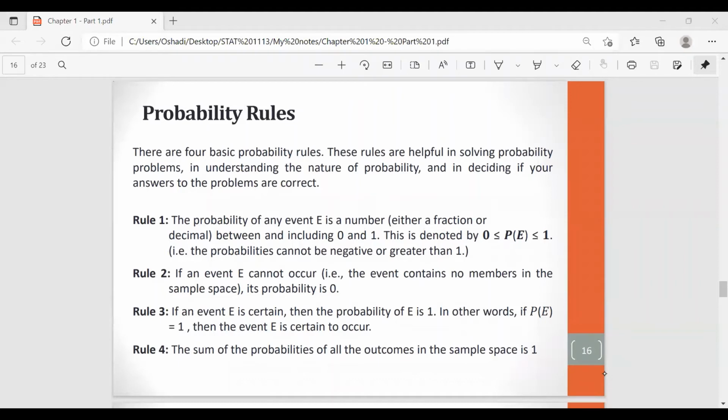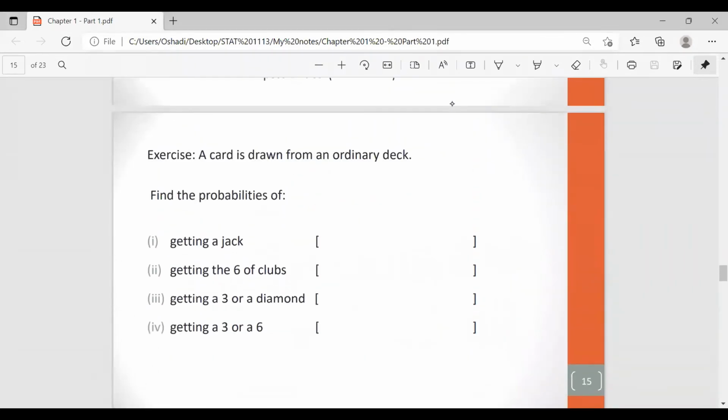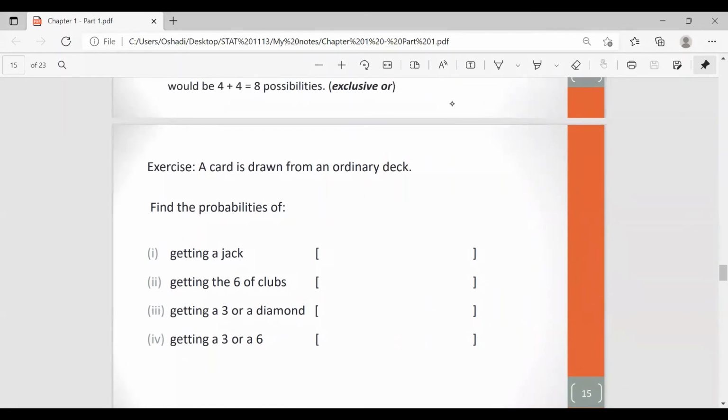Could you please explain the third one? Okay, someone has sent me a message to explain the third one again.